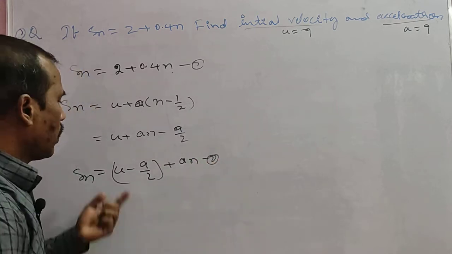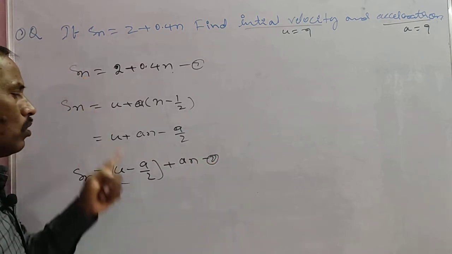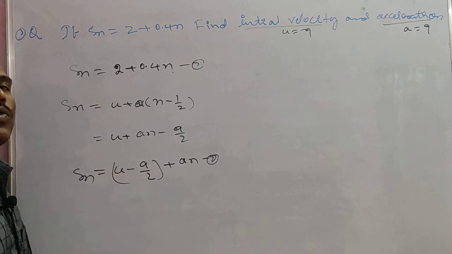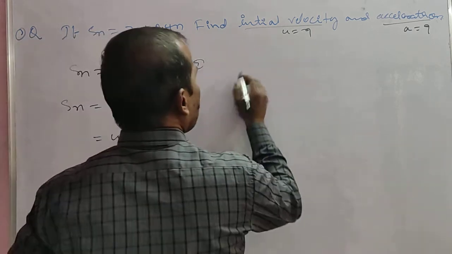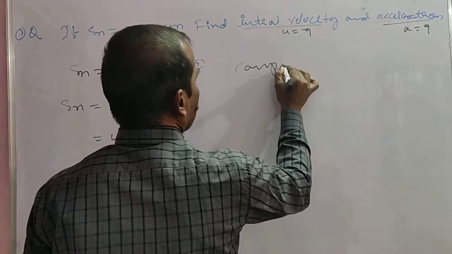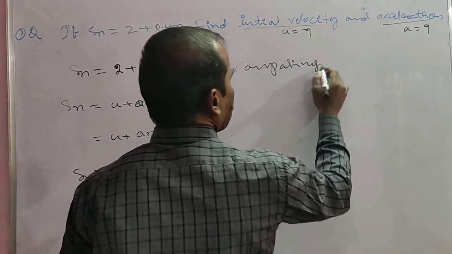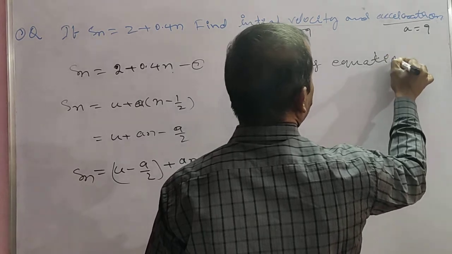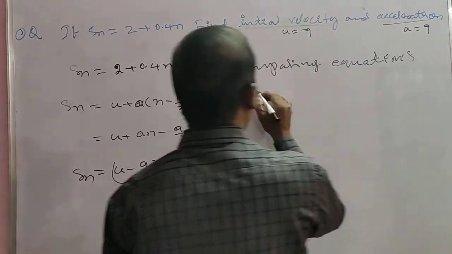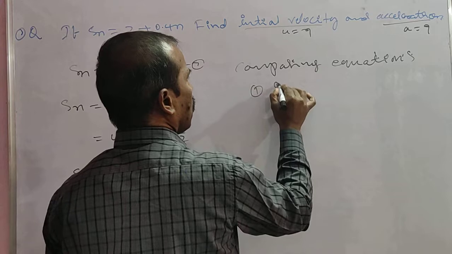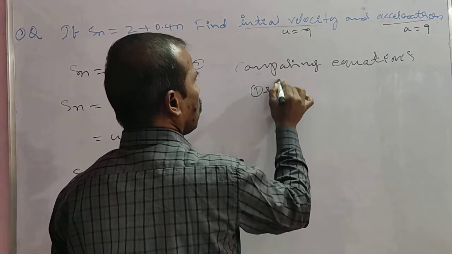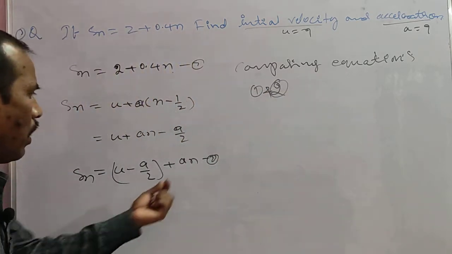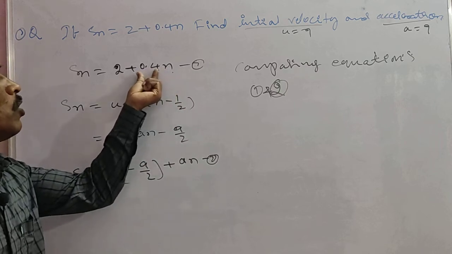Now comparing equations 1 and 2, an is equal to 0.4n.